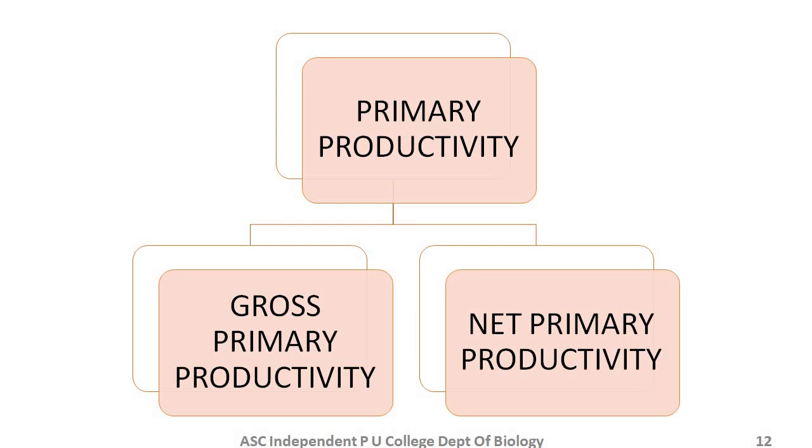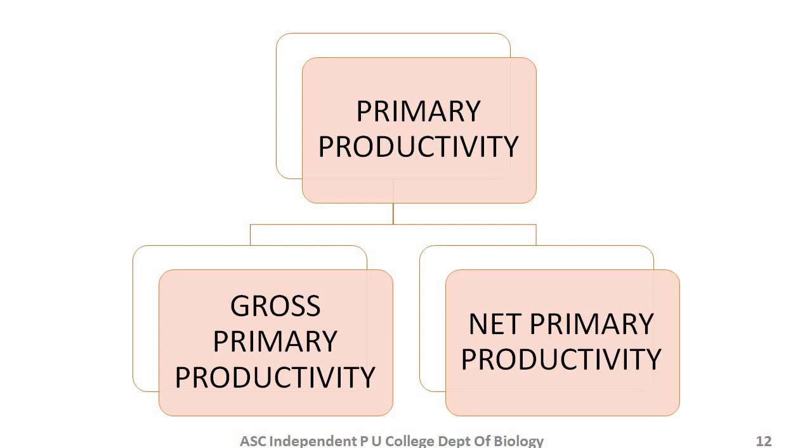See, I'll explain it to you with an example. Say there are 2 kilos of organic matter produced by the producer in a given unit area in a given unit time. Out of 2 kilos of organic matter, 200 grams will be used up by the plant for the process of respiration.